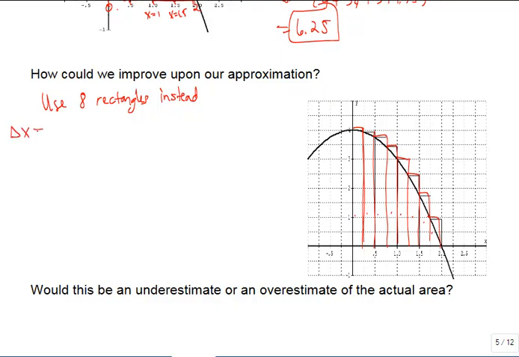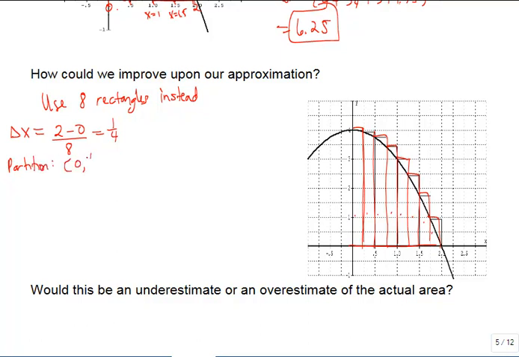This delta x is now going to change. Our width of this whole interval is still from 0 to 2. So we want to take that interval 0 to 2, and this time we're chopping it into 8 equal pieces. So this time our rectangles are going to have a width of 1/4. So your partition would look like this.